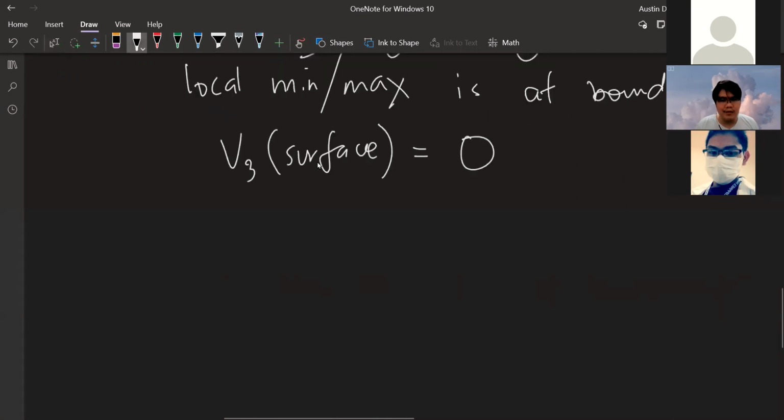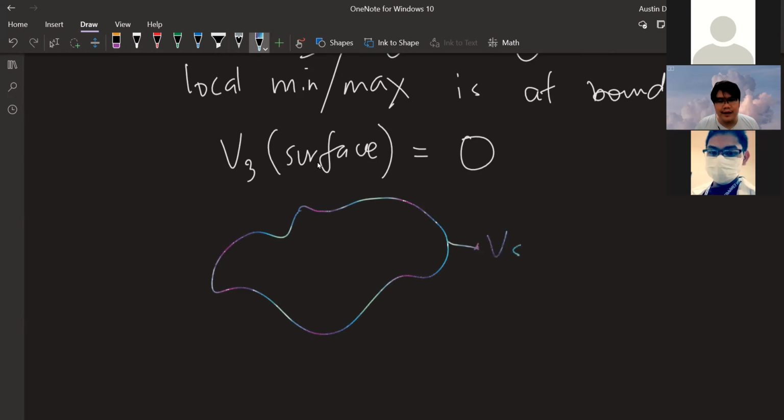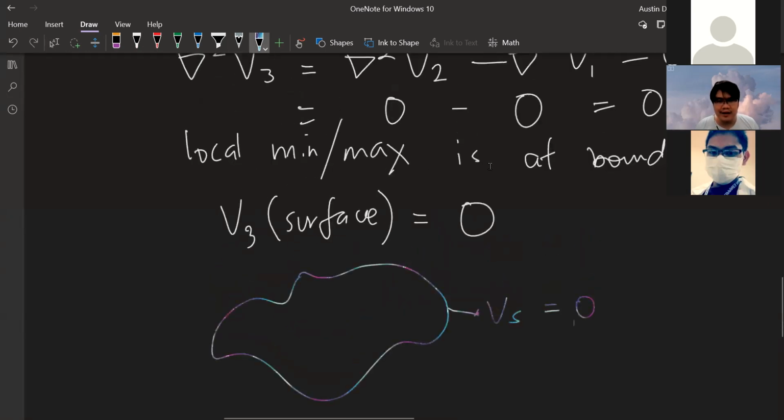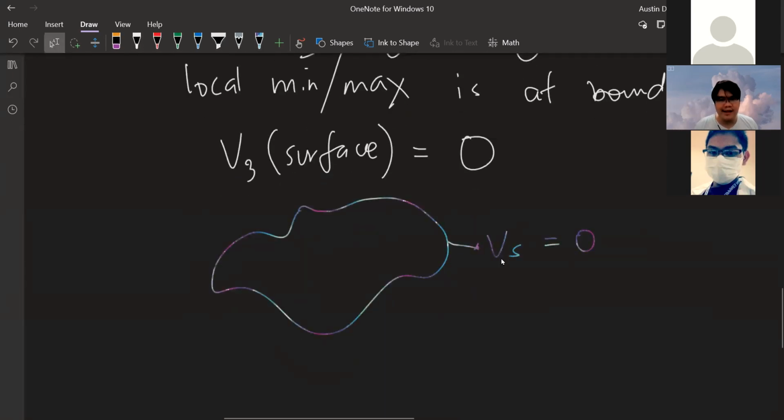This tells me na yung buong boundary ko, ito arbitrary volume mo, this gives off na Vs is actually 0. And if this is the local maximum, kasi nasa boundary na tayo, di ba? If this is the local minimum or maximum, then inside, dapat 0 din. Dapat 0 ang potential sa loob nito.